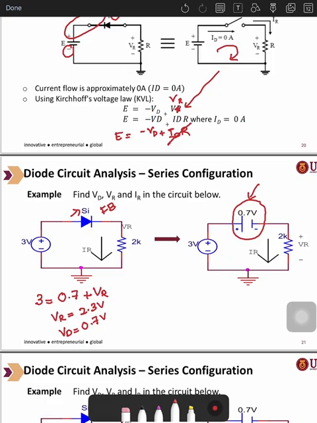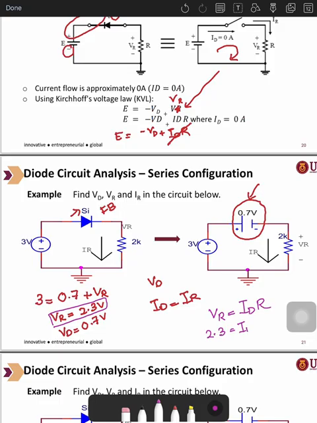After that, now we have found the VD, and what about the ID? The ID is actually equal to IR. Now we already have the value of VR. V is equal to IR, so VR is equal to 2.3.